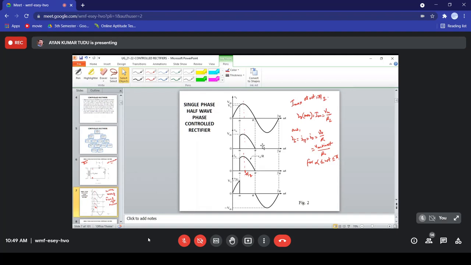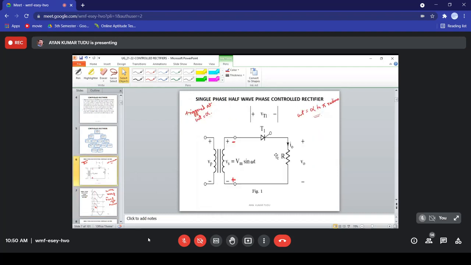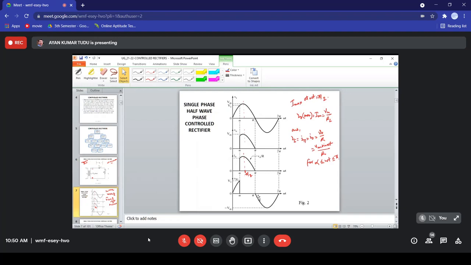Obviously, the peak inverse or peak reverse voltage that appears across the thyristor would be equal to minus Vm, as you can see from here.